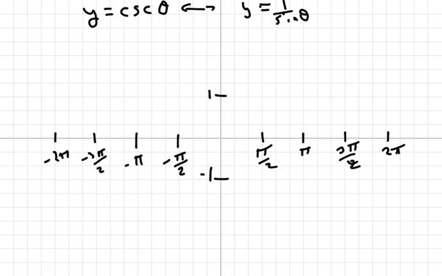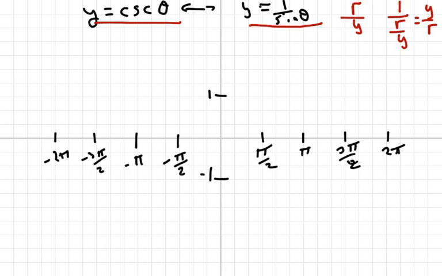Okay, for cosecant, we need to notice that cosecant is really just 1 over sine, because cosecant is really what? r over y. So 1 over r over y equals y over r.